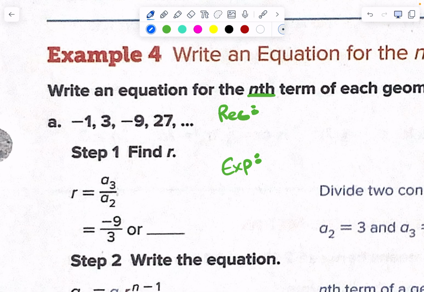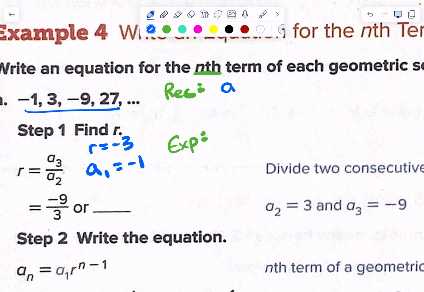Here we go. Here's your function. What's your R value? -3. I'm multiplying by -3, right? -1 times -3 will give me 3. So R is -3. What's the first number? -1. So for recursive, here's your equation: A sub n equals your R value times A sub n minus 1, and then A sub 1 equals whatever that is.